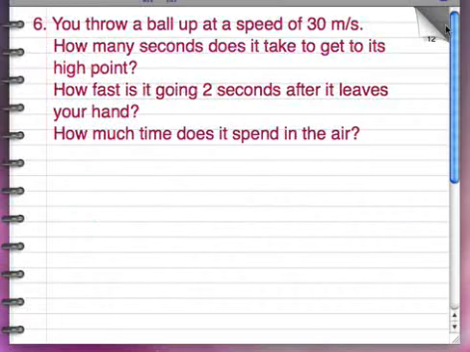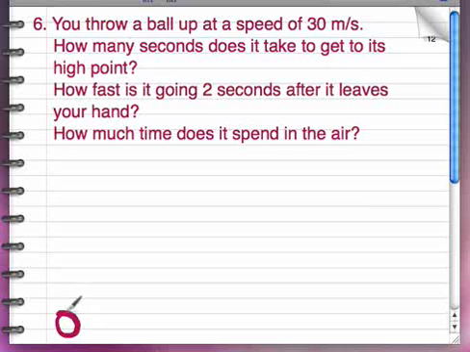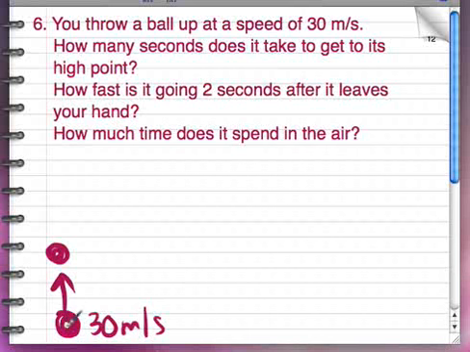Try number 6. This time we're throwing a ball upward. How many seconds does it take to get to its high point? Well, let's see. I'll draw a picture. It starts out going 30 meters per second at time 0. 1 second later, the speed is going to be 20 meters per second. The next second, it's going to be 10.